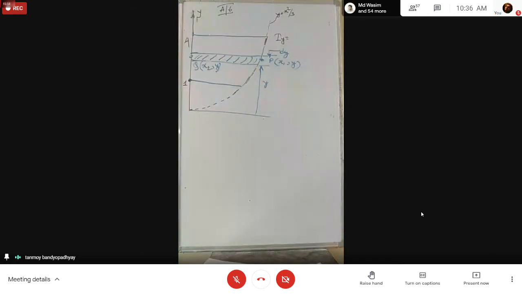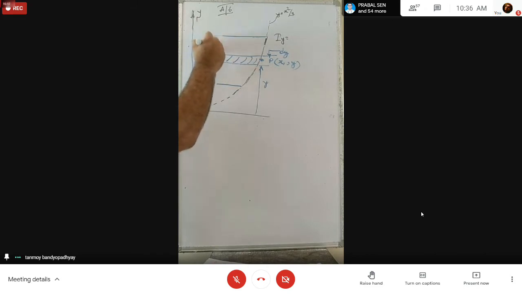Here x2 will be equal to 0, so it will be 0 comma y itself. I am just generalizing it. Generalizing means, suppose you had a problem like this one, where you have to calculate this bounded area.